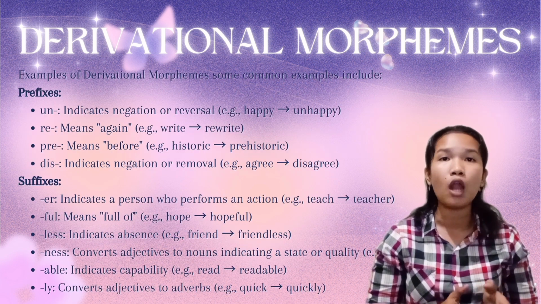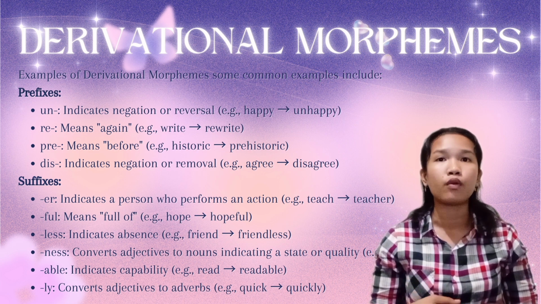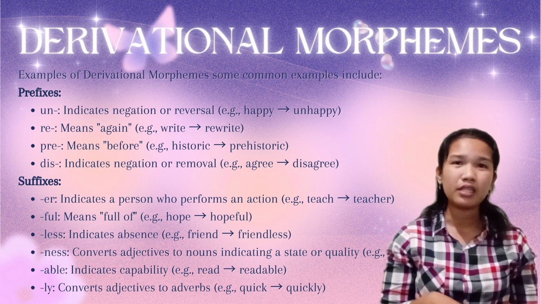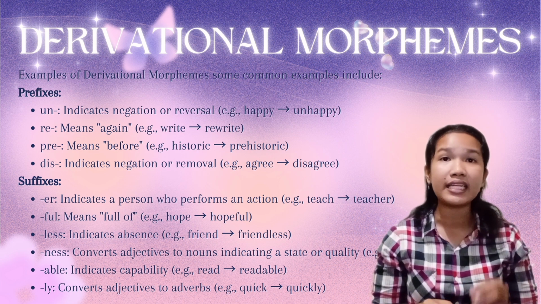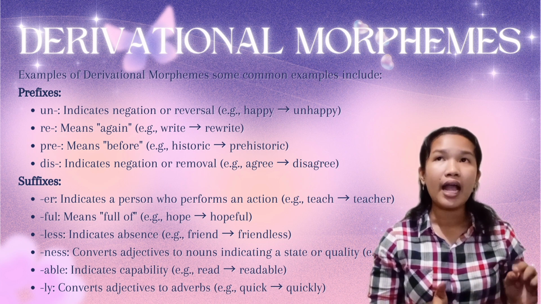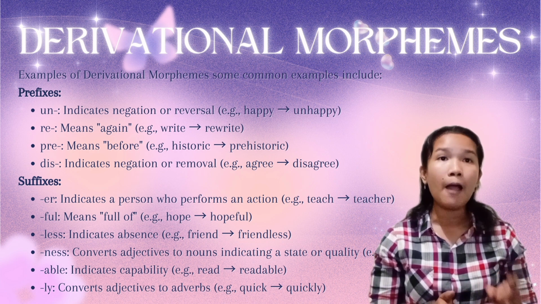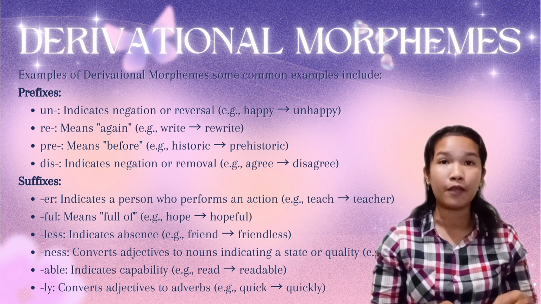Now are examples of derivational morphemes. Some common examples include: for the first, prefixes, we can add dis as in dislike, re as in rewrite, and pre as in preview.